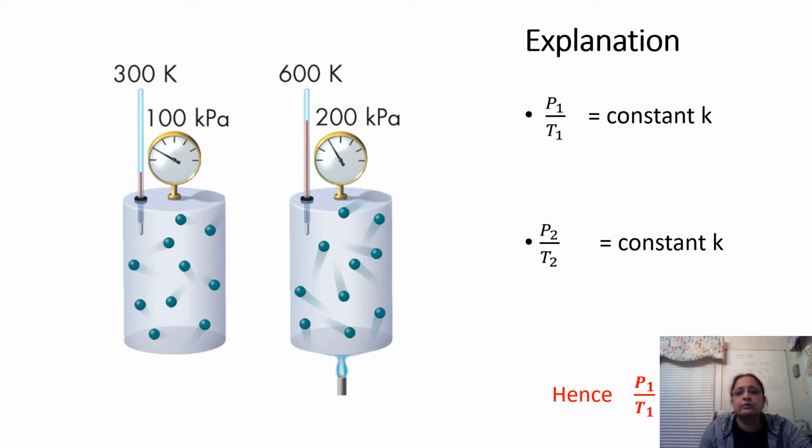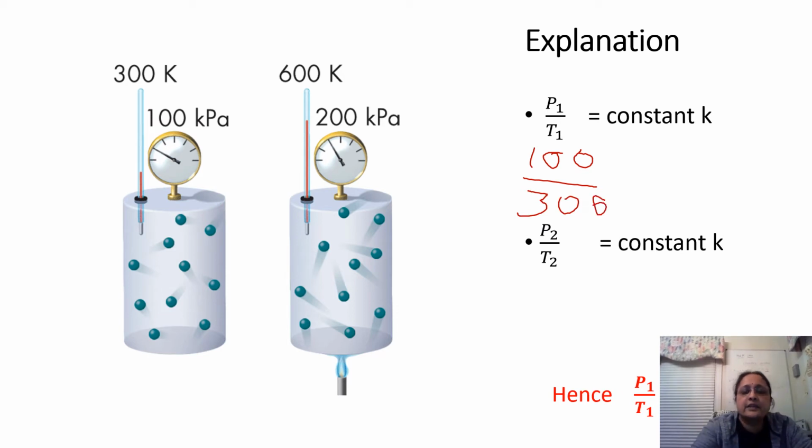So if you put the data into Gay-Lussac's law, P1 by T1, that is initial pressure and temperature, is 100 kilopascal over 300.